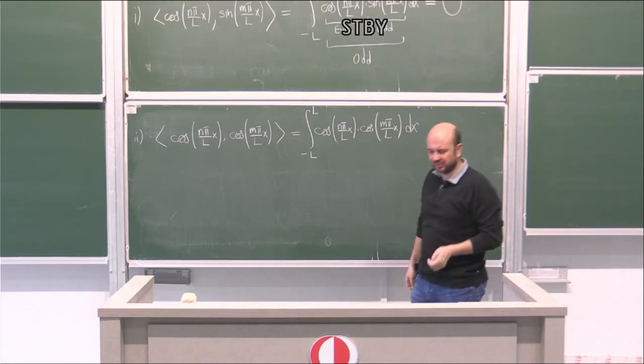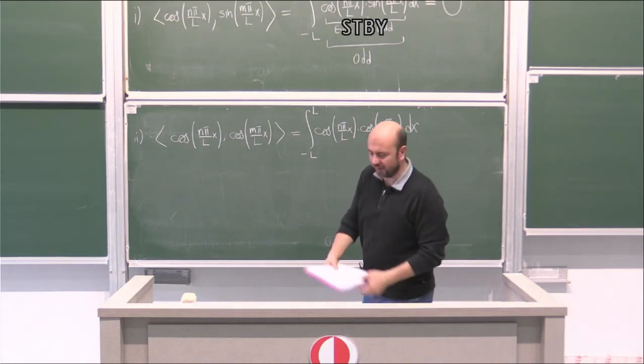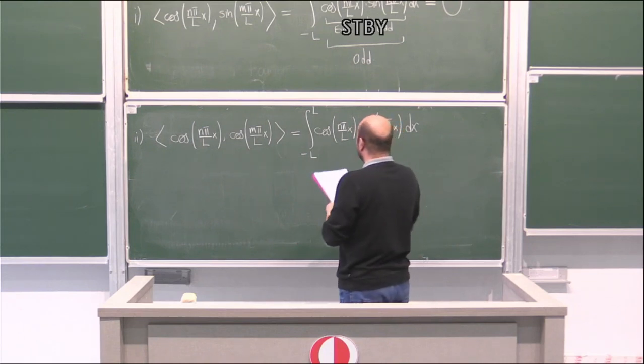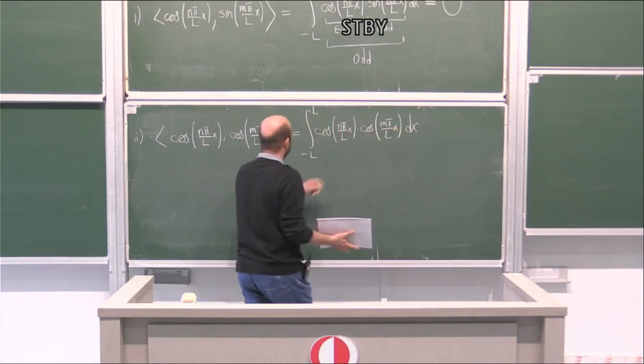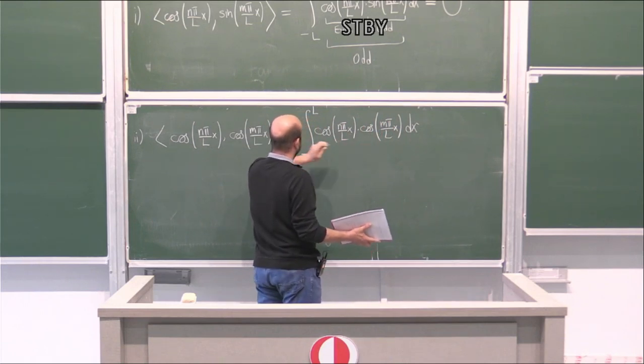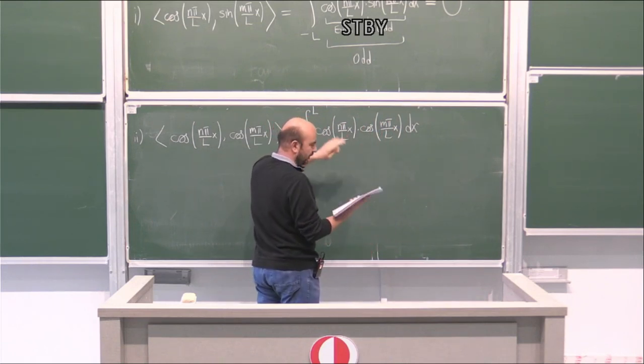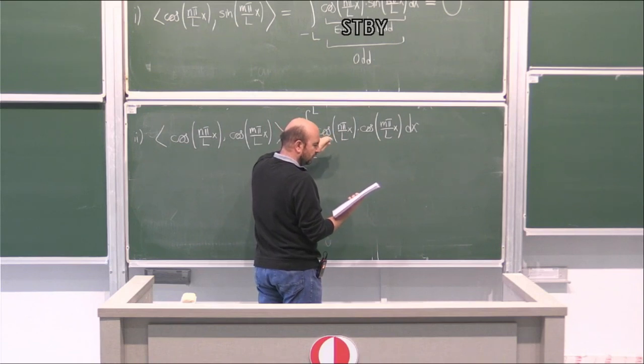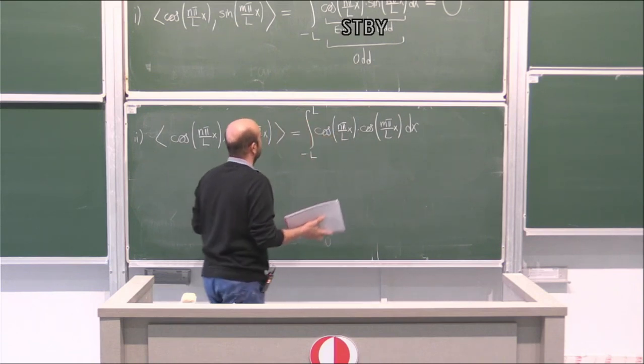I never remember this formula, so I will copy this one. So what is this equal to? We have the sum of the insides and difference of the insides written as cosine and cosine, divided by 2.